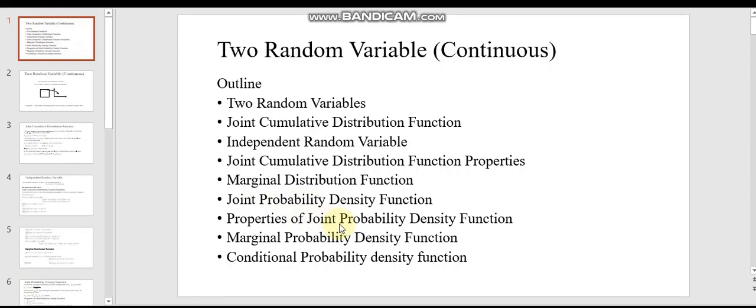Thereafter we will discuss the marginal probability density function, and finally the conditional probability density function and an example related to continuous random variables.